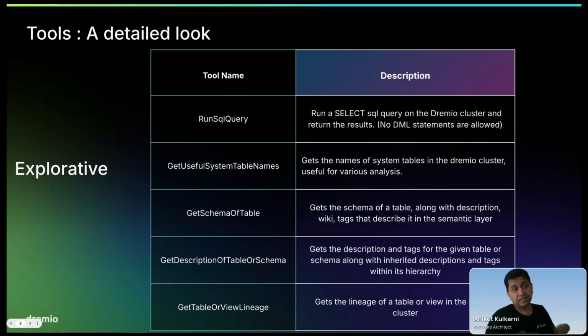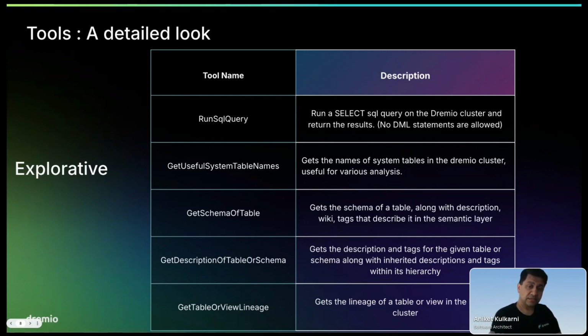Let's say you have a DBT pipeline that was creating these layers and you have comments. Some comments were applied at the folder level or maybe the source level, saying that this source is for this category of your data, and then you have some tags or comments or description at one of the table levels. The tools like get description of table or schema will tie this hierarchy together, because that is what the LLM is good at.